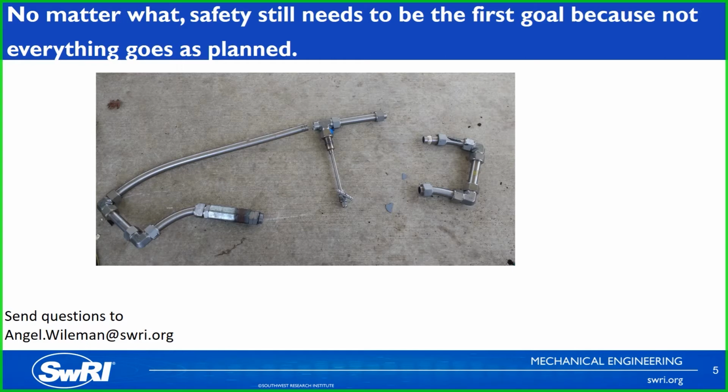And you can see all the deformation of the piping there. One of the big takeaways that hopefully people get from this is that things don't always go as planned. And because they don't, and because you can't foresee every incident that's going to happen in a prototype, safety needs to be at the back of our mind as the most important goal moving forward.